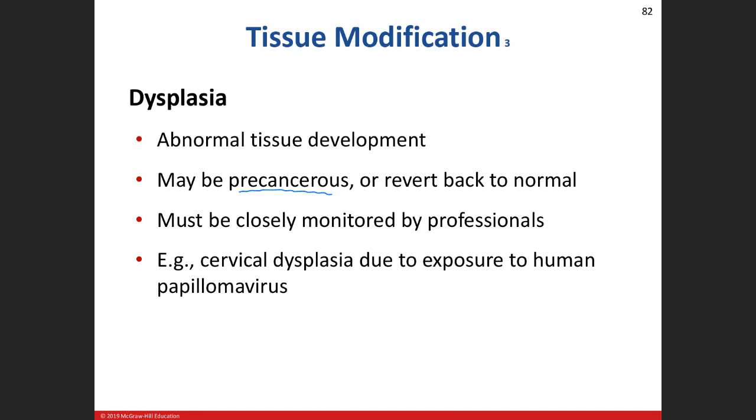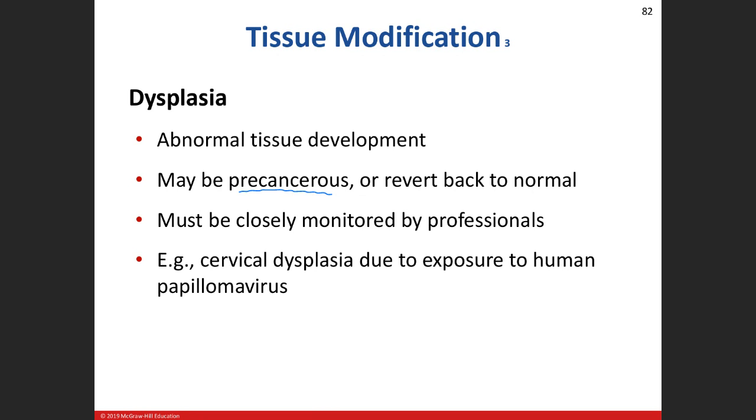We see that quite often when women go in for a pap smear and they scrape the cells off the cervix, and they might see some sort of abnormal appearance to these cells. It's said that pretty much every female at least one time, and it could be multiple times, will undergo dysplasia.